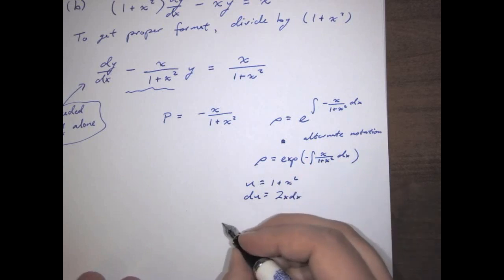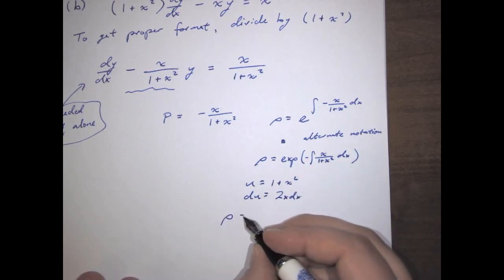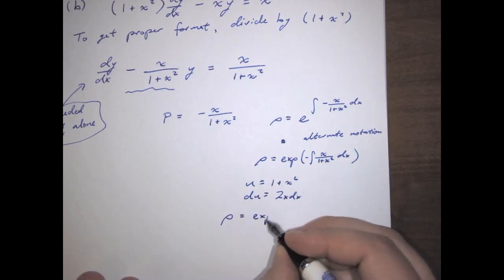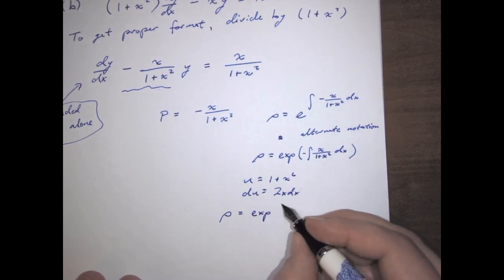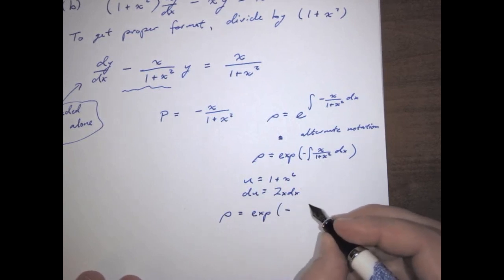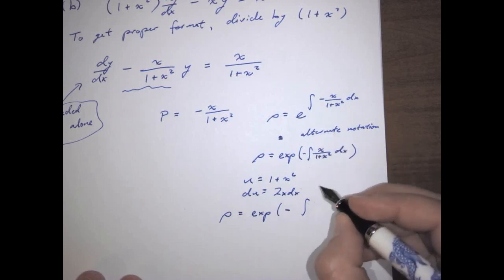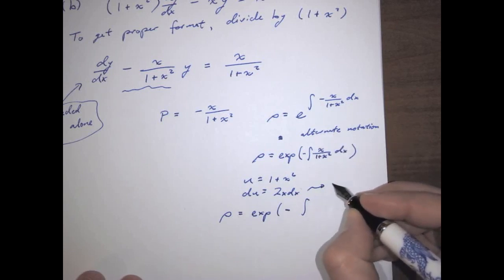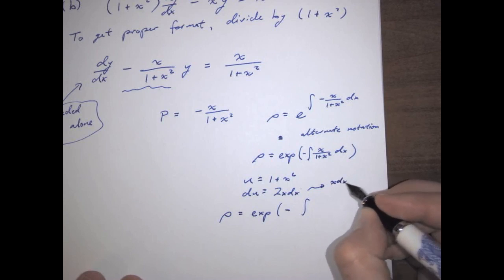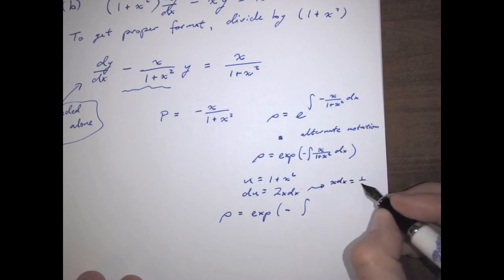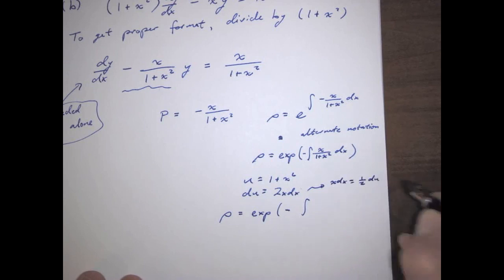Which then converts our rho into exp of negative the integral of, and let's see, x dx, which is what we have, is the same as 1/2 du.